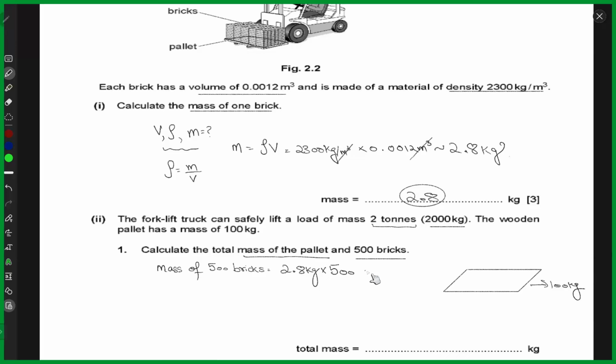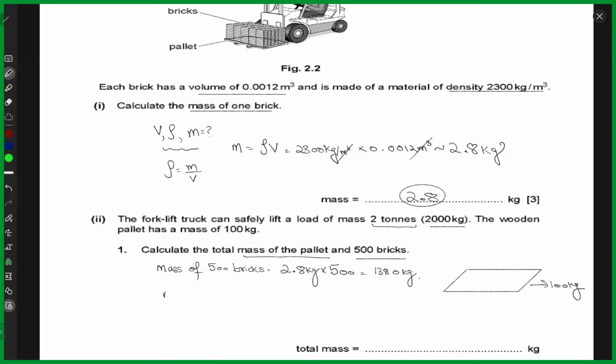So that's just 2.8 into 500, which would be approximately 1,400 kilograms. Great. So this is the mass of 500 bricks.